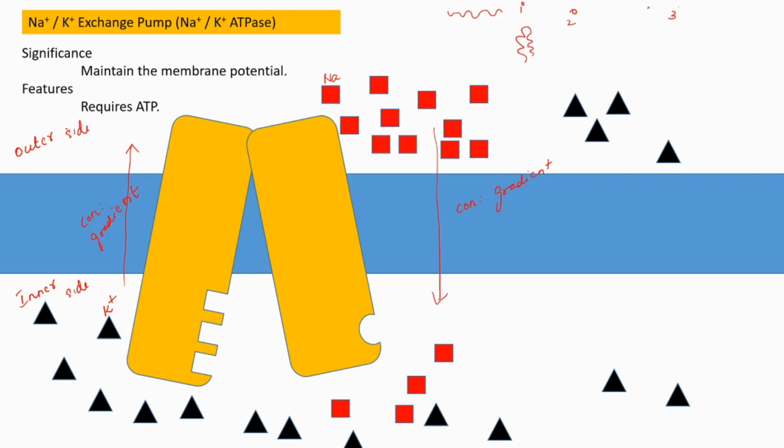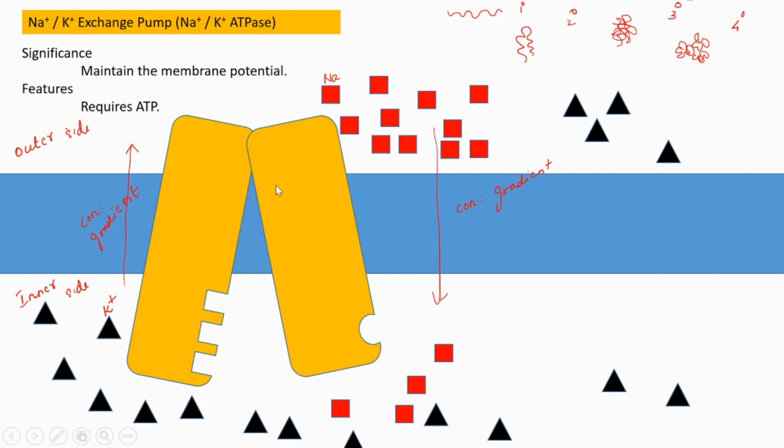Then tertiary means these folded proteins are again folded to give a complex structure, the tertiary or 3D structure. And then the quaternary structure: one or more tertiary structures get aggregated to form a single protein. So different conformations are there.